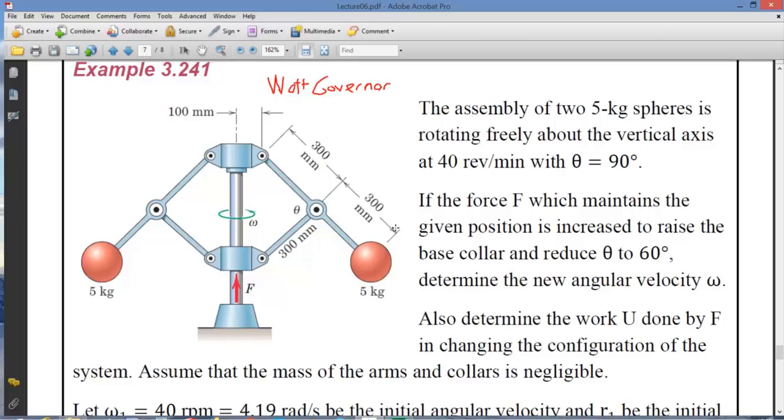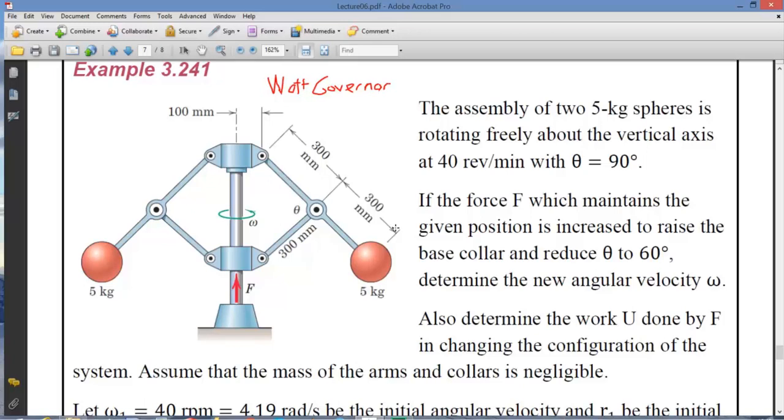And this problem is about the fundamentals of its working principle. Now, again, we will have some assumptions here. Otherwise, we need to talk about the concept of rigid body systems.